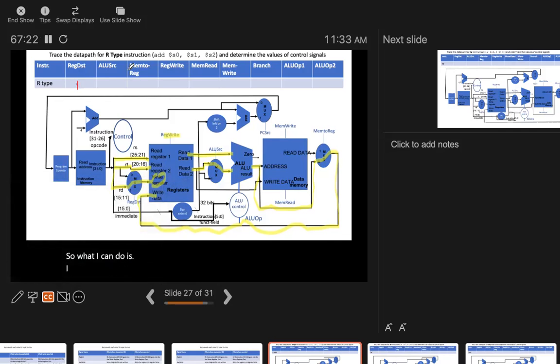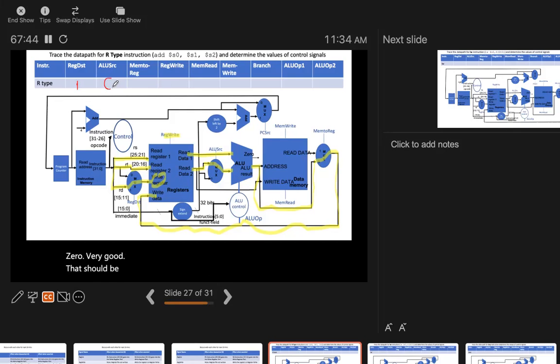Now, carefully observe ALU source. Read data 2 has to pass through this mux. So what should be the value of ALU source to let read data 2 pass through? 0. Very good. That should be 0.